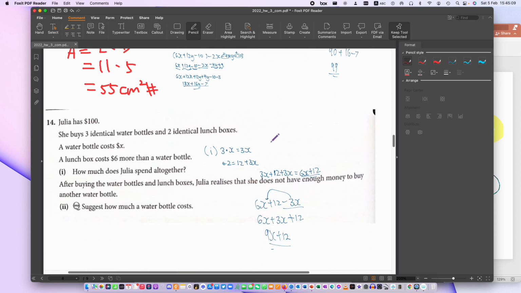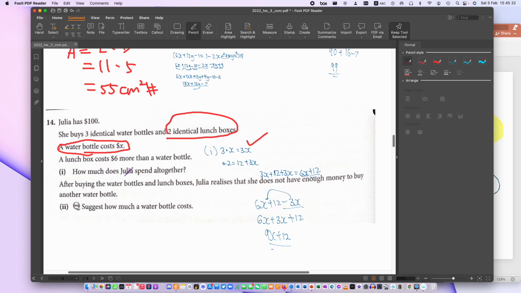Okay, this one. If you don't know how to do this question, you always give yourself a simple example. So you buy 3 identical water bottles, 2 identical lunch boxes. A water bottle is x. 3 of them is how much? 3x. 2 identical lunch boxes, right?